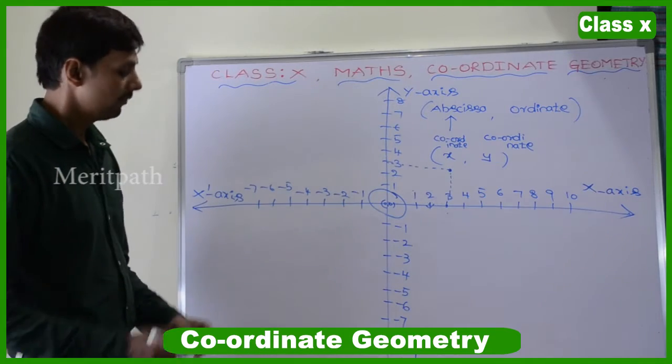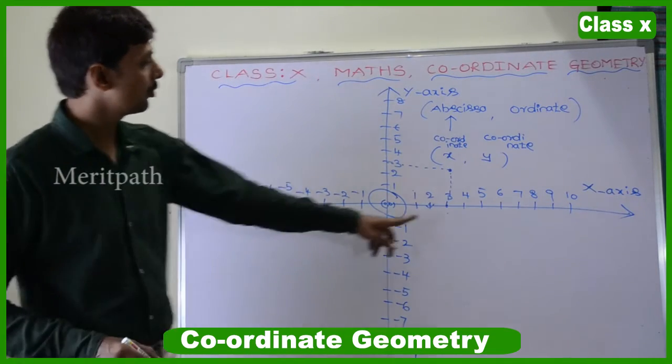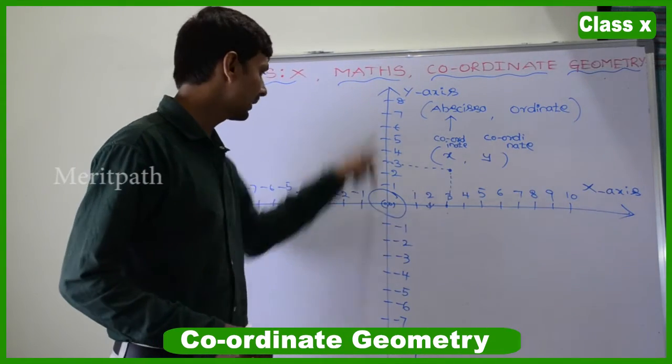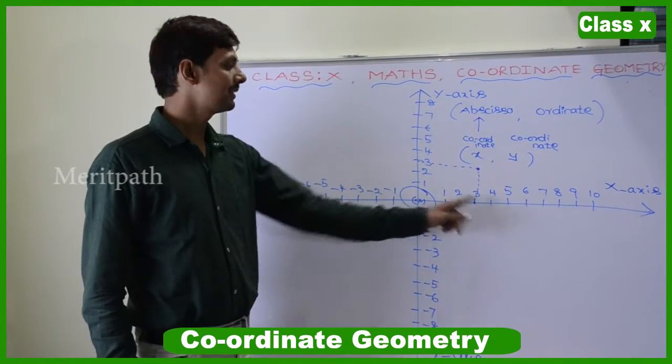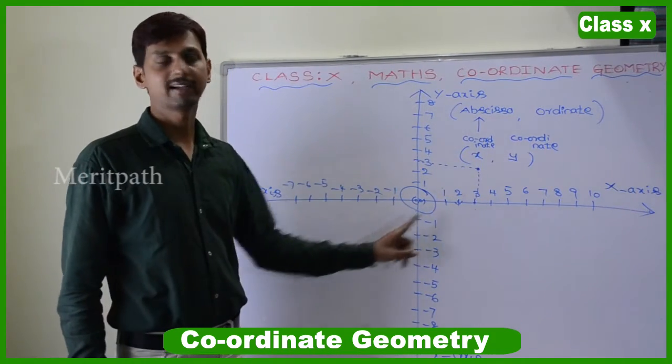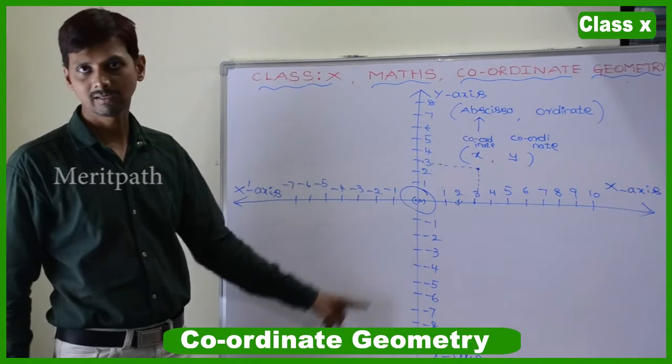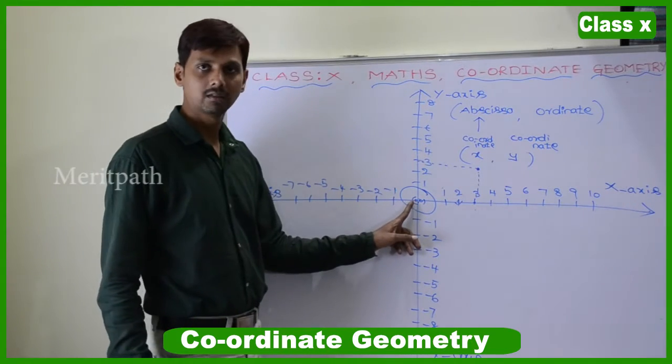Now, we have discussed that the point of confluence of the x-axis and y-axis is called the origin.